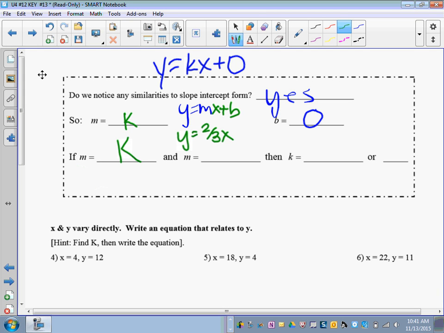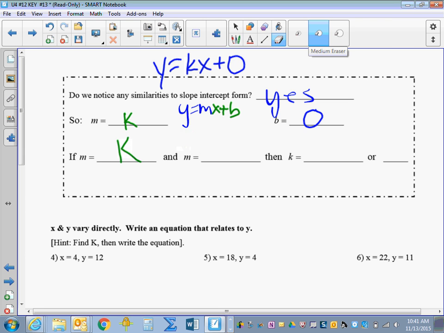So if slope is just k, does anyone remember what my slope formula is? Good, my slope formula is y2 minus y1, so I'm subtracting my y values, divided by x2 minus x1.